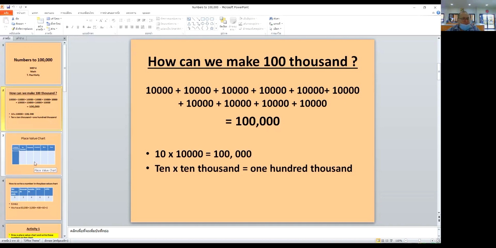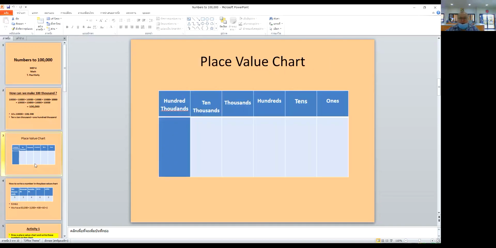And let's look at something. We have a place value chart. A place value chart starts at ones, tens, hundreds, thousands, 10,000s, 100,000s.